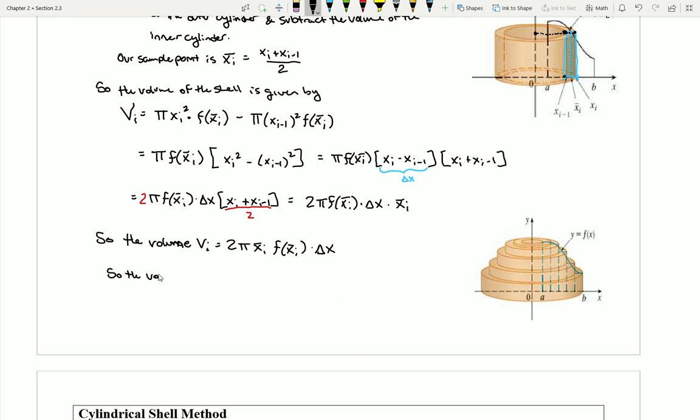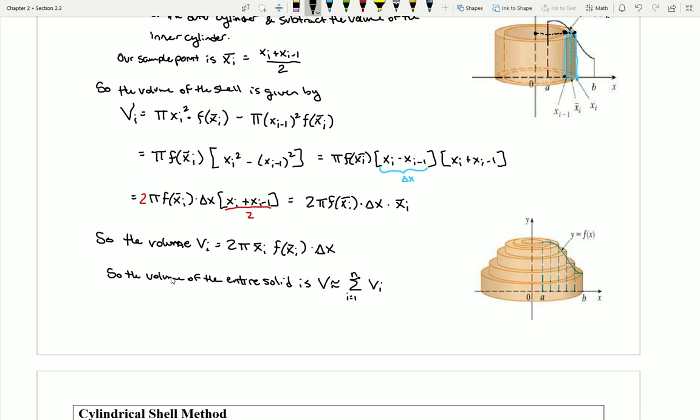If I wanted then to add up all of these, notice I could then say that the volume of the entire solid is going to be roughly equal to taking all of these different VI's and adding them up. So start at cylinder number 1 and go to cylinder number n.